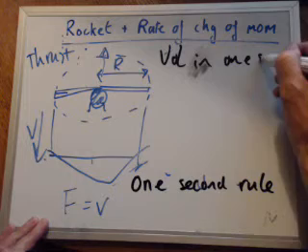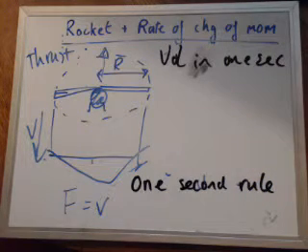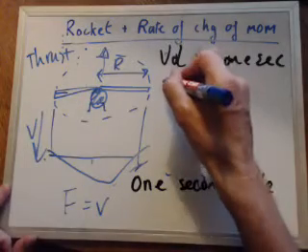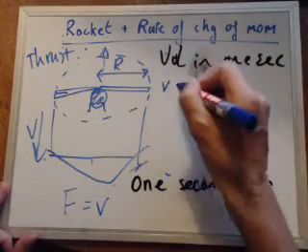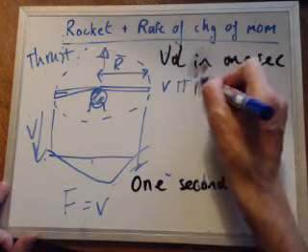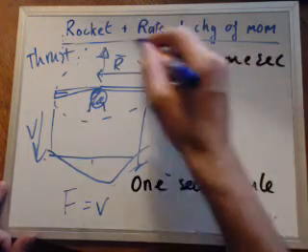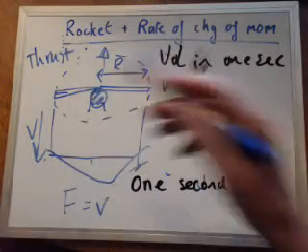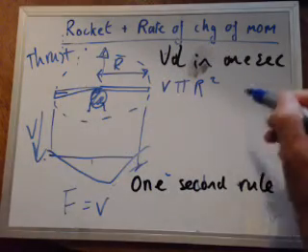In 1 second, the air will move a distance of v, so the volume is v times pi r squared, pi r squared being the area, times the cylinder of air pushed out.